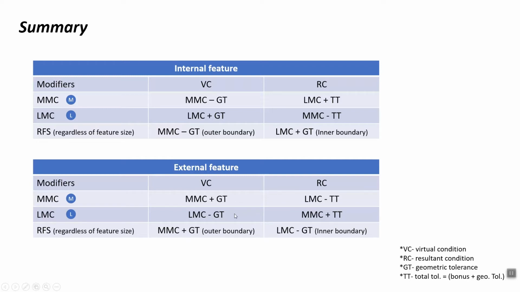No need to explain in this. And regardless of feature size, MMC plus GT is called outer boundary. So maximum material condition plus geometric tolerance, add it up, you'll get the biggest size of the pin. And here LMC minus GT will get the smallest size of the pin. And you subtract it further, you'll get an even smaller circle, which will be nothing but your inner boundary.